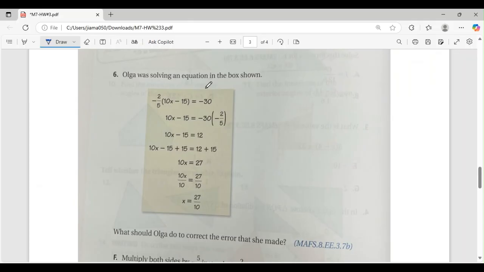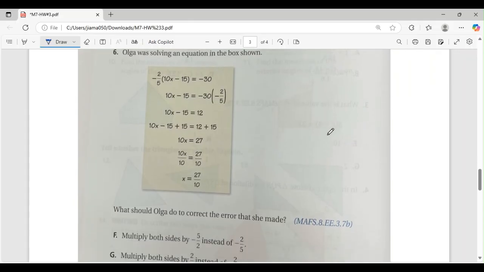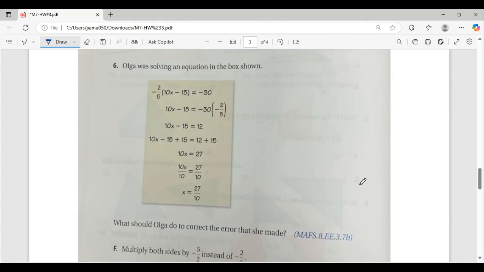Okay. Question 6. Olga was solving an equation in the box shown. What should Olga do to correct the error that she made? Okay, let's check.